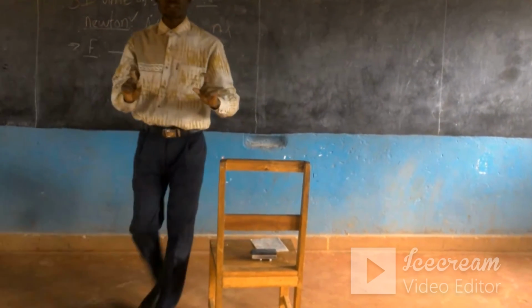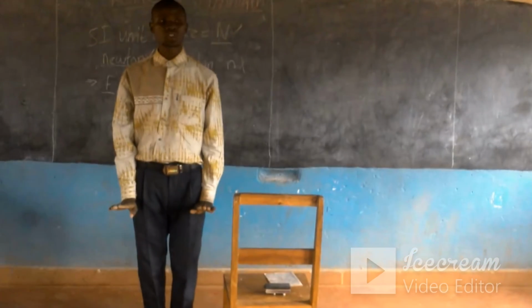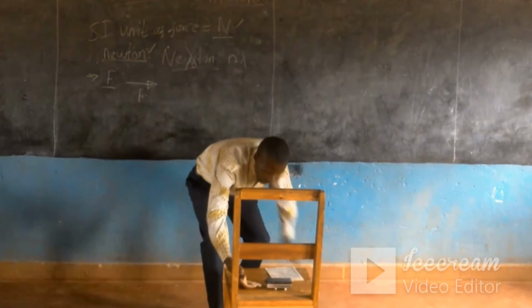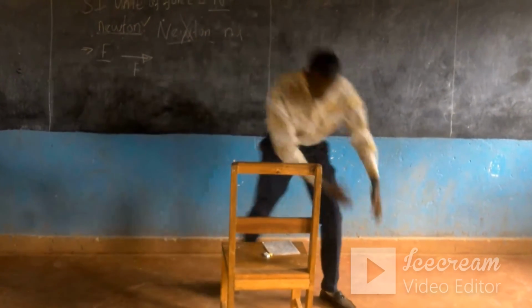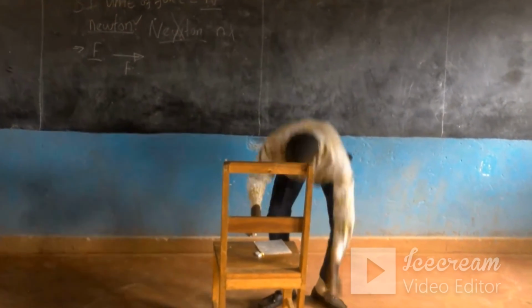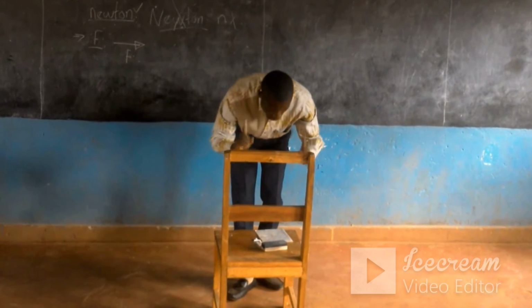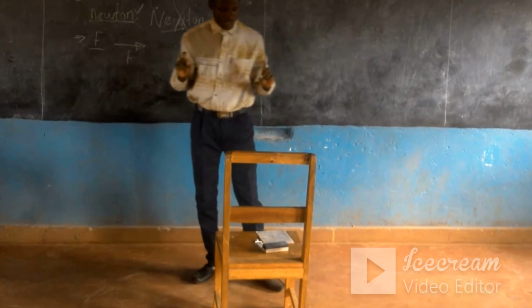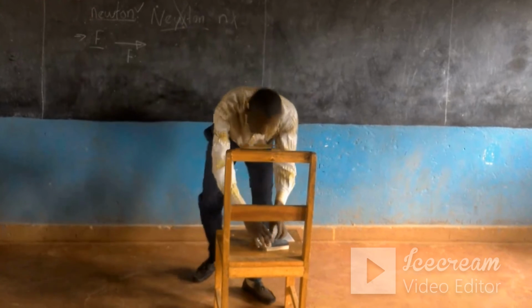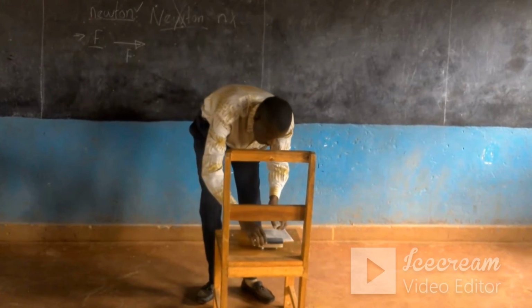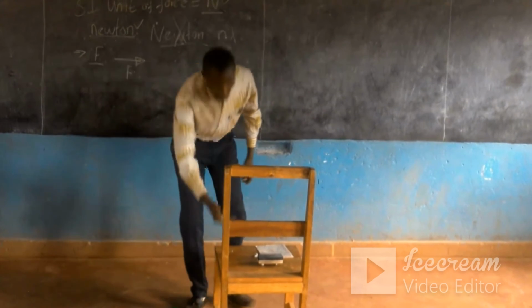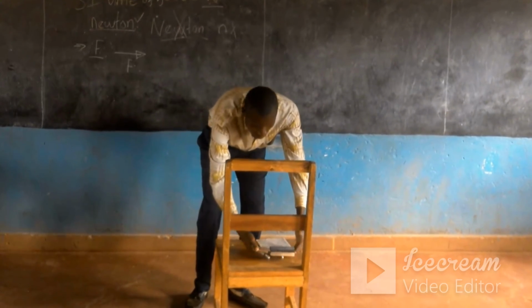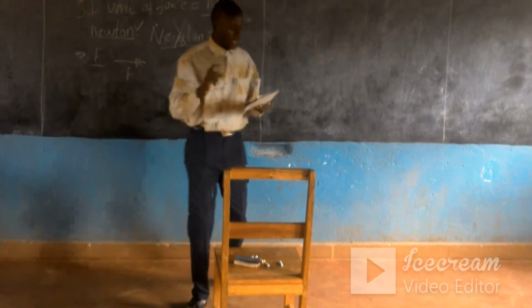When we say stationary, the object is just at the same position and it's not moving. So when I apply force to this end, the duster will move. So that's the effect of force, which makes the stationary object start moving. And when this object is moving at a certain speed and I apply force on it, the speed will increase.